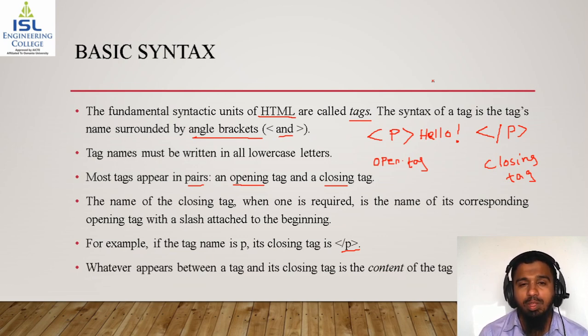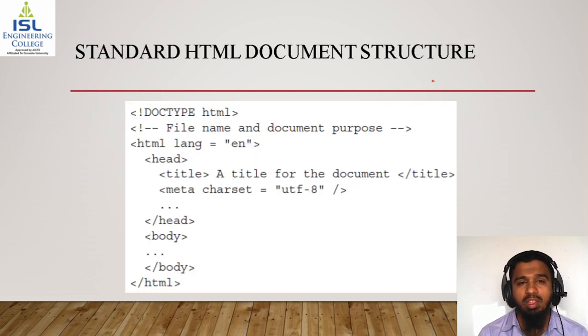Whenever you open the tag, that should be closed. So here is the structure of the HTML document. In every document, whenever you are writing HTML code, all these things must be available in your document.